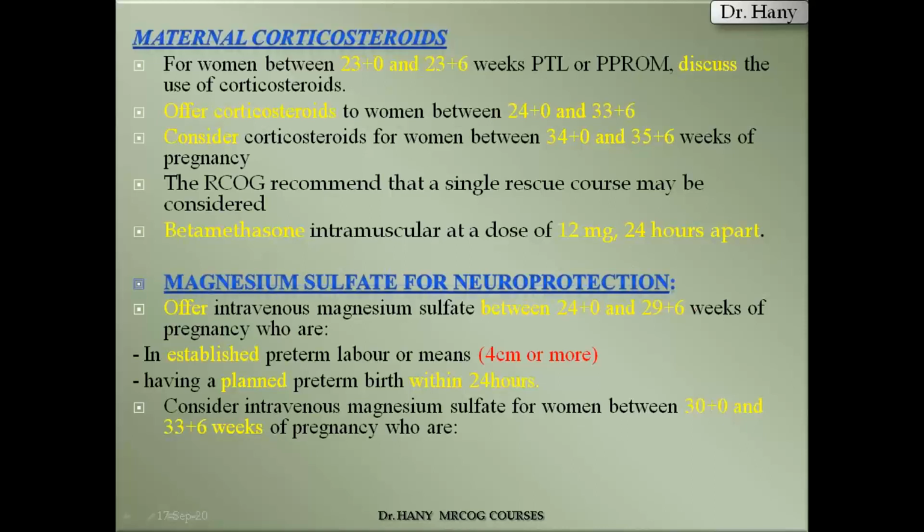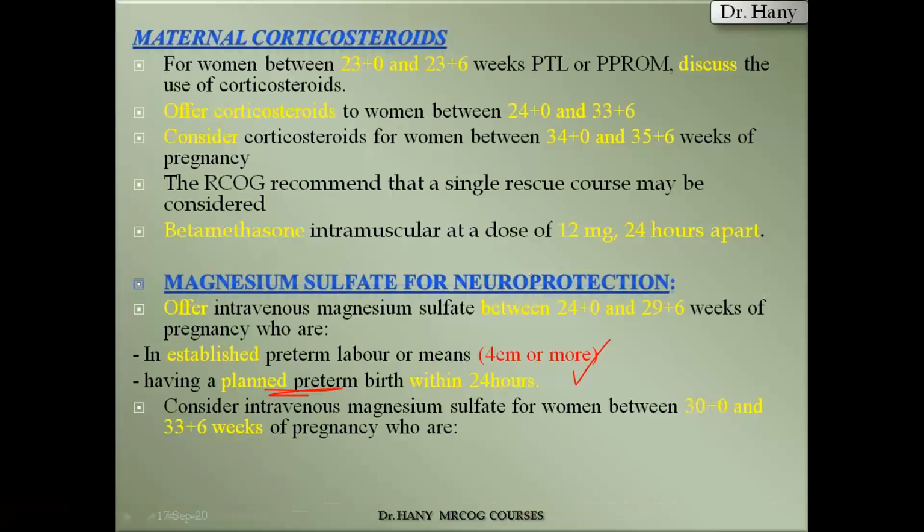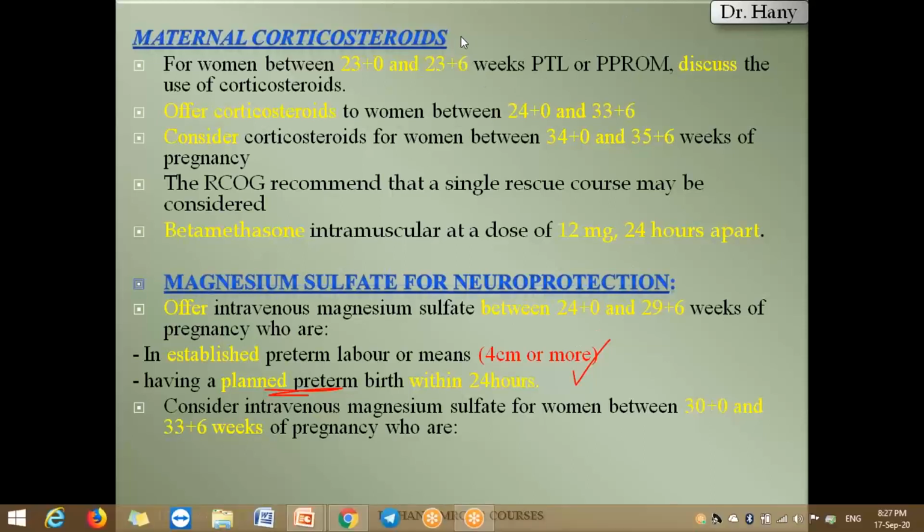If the woman has one of these criteria, established preterm labor at 4 centimeters or more, or a planned preterm birth, where I will terminate her in the morning or within hours due to complication, by cesarean section or induction of labor, then I will start intravenous magnesium sulfate. Otherwise, if the exam question has no criteria like this, I will not offer magnesium sulfate.